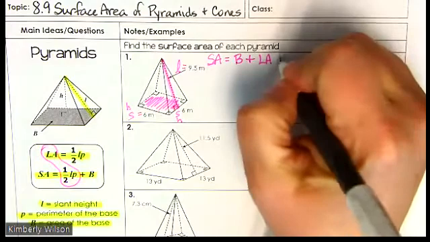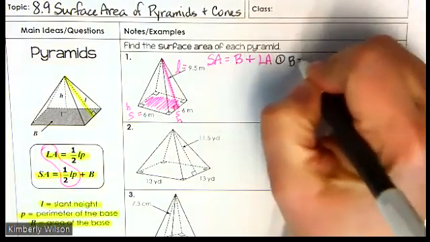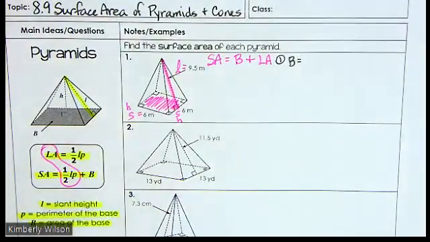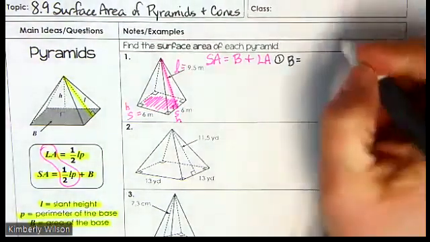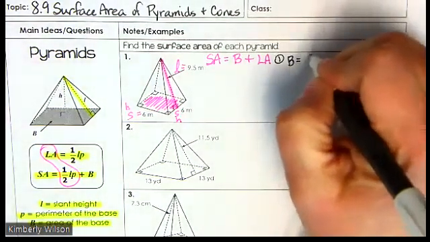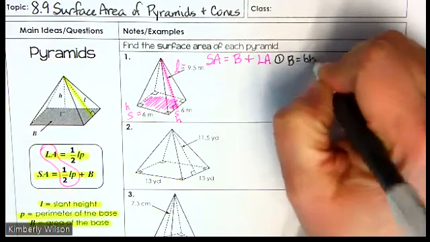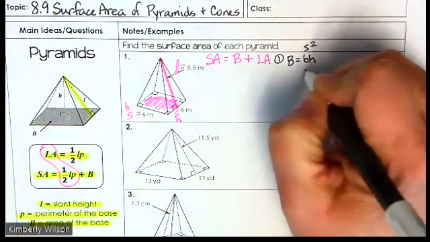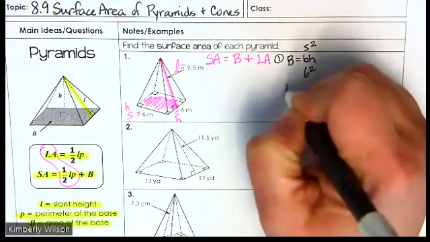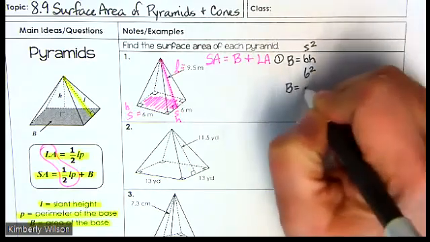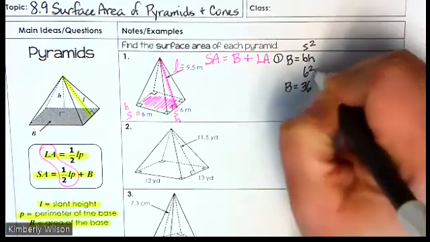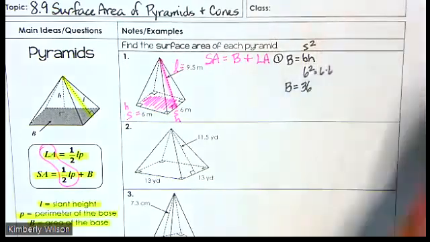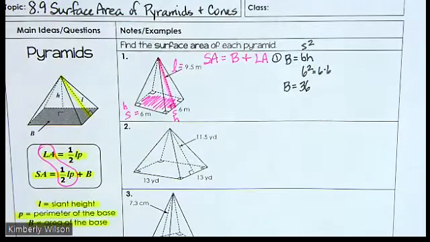Step 1 is finding the area of the base, the capital B, which for us is going to be base times height, or you could do S squared. Either one is appropriate. So we would have 6 squared, which means the capital B is 36. And this is the same as 6 times 6.